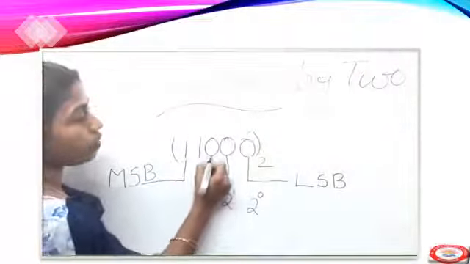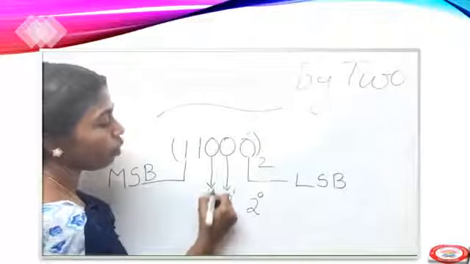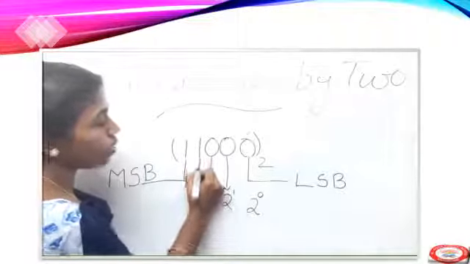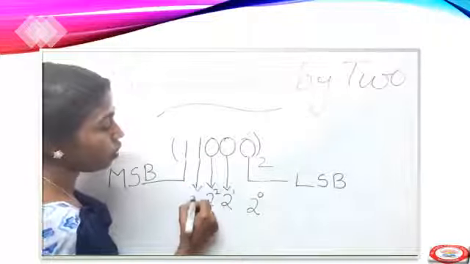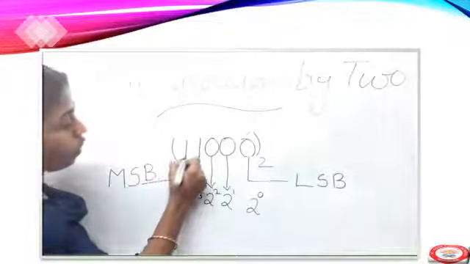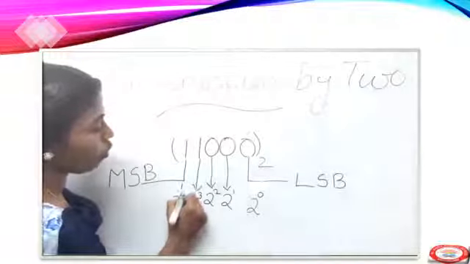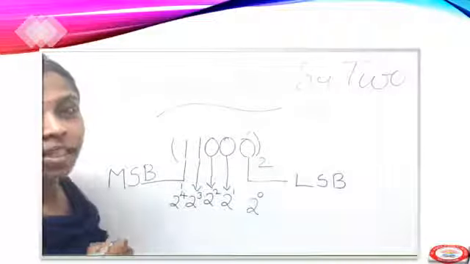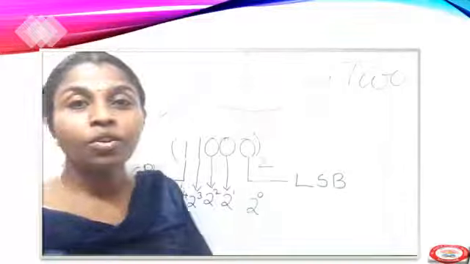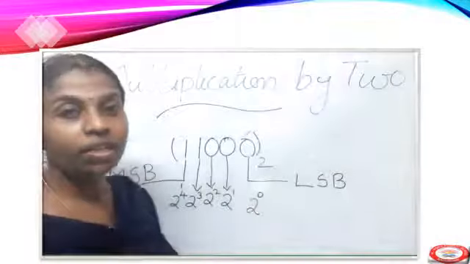Then what is the place value of this 0? That is 2 to the power of 2. And what is the place value of this 1? That is 2 to the power of 3. Then what is the place value of this 1? That is 2 to the power of 4. Now we are going to convert this binary number into decimal.